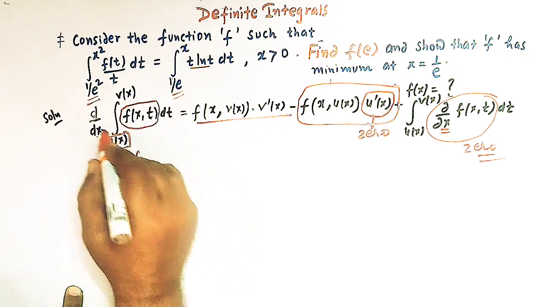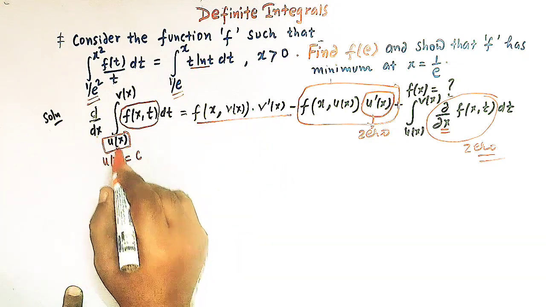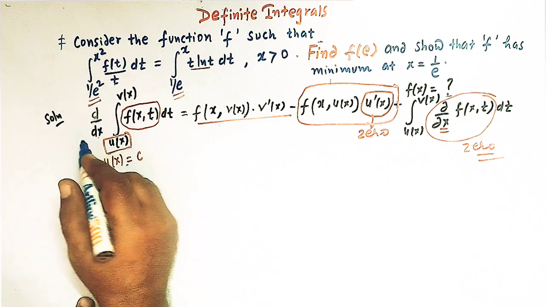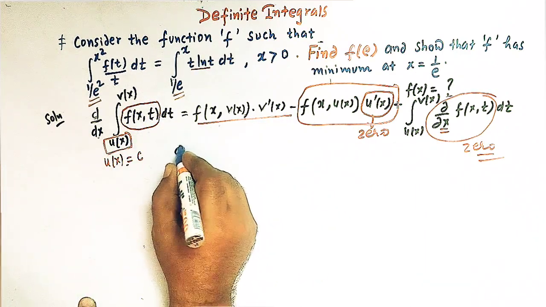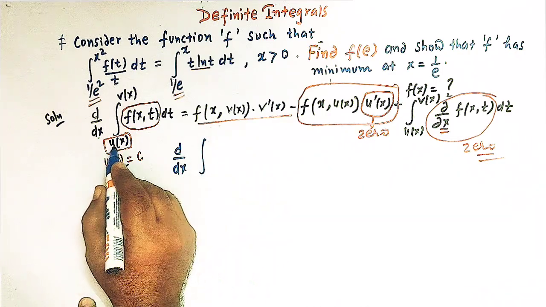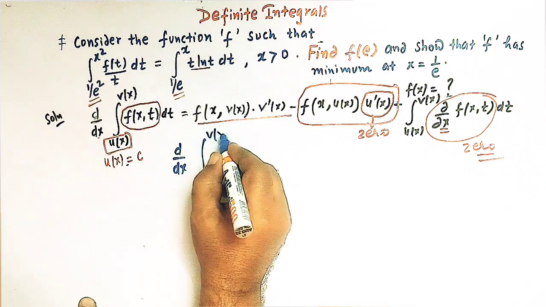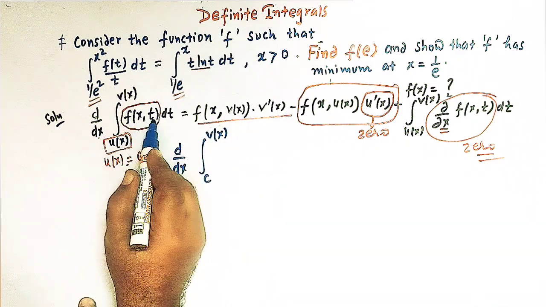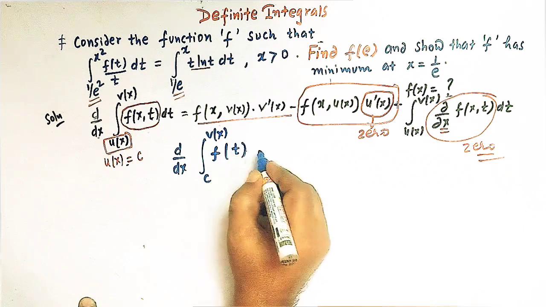So we can now write the modified form of Leibniz integral rule using these restrictions. The modified form can be written as d by dx of the integral, where for u of x we have c, here we have v of x, and then here we have a function of t only, right?